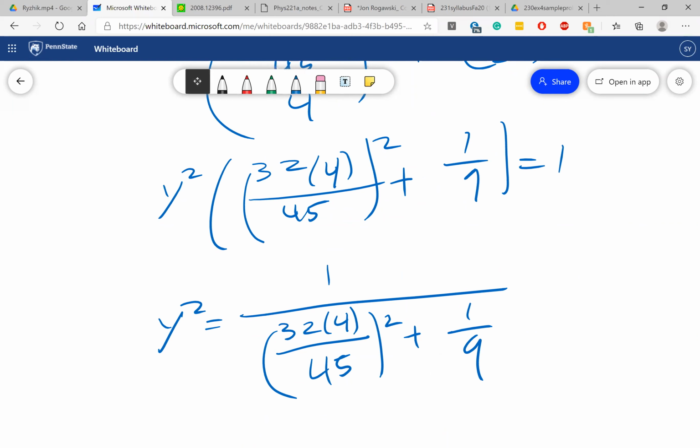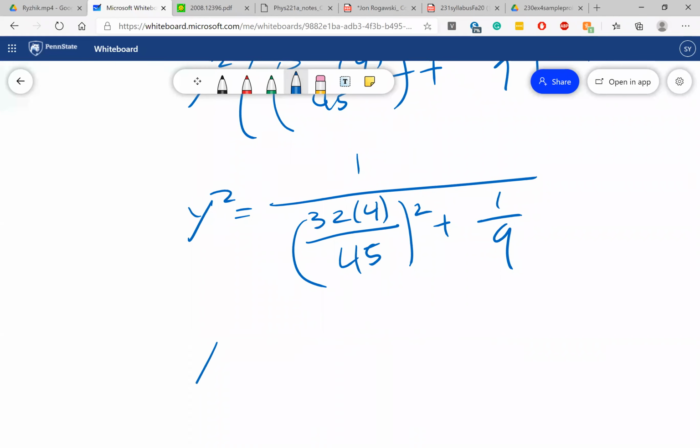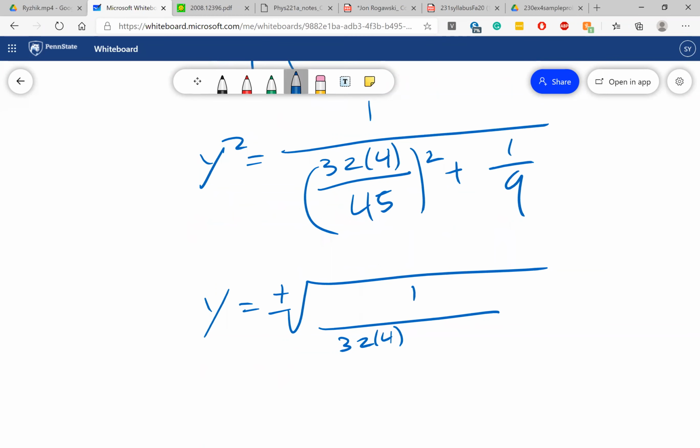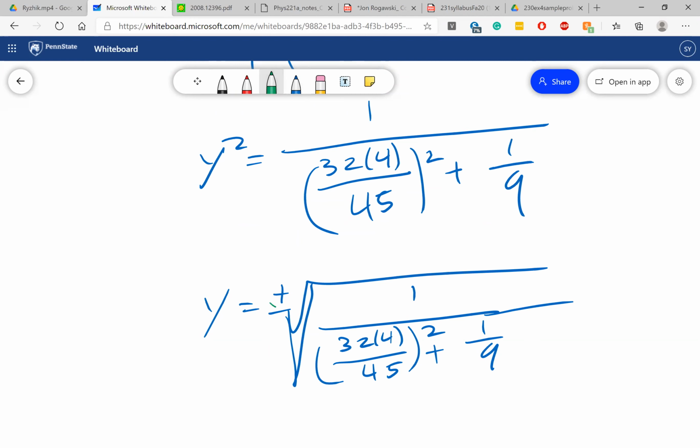So that's what our y is squared. And so then y is going to be equal to the square root of plus or minus 1 over 32 times 4 over 45 squared plus 1 over 9. So these are our critical points, the plus and the minus. And that would be for our y.